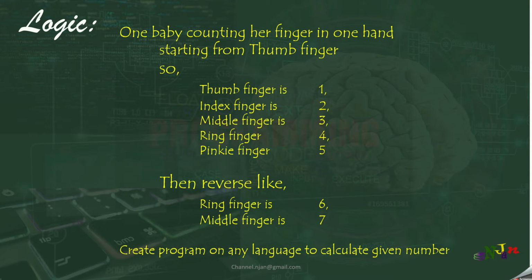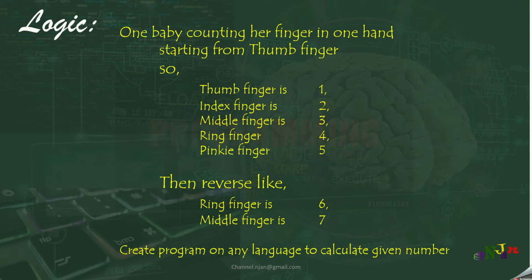One baby is counting on her fingers in one hand, starting from the thumb finger. So the thumb finger is 1, next the index finger is 2, middle finger is 3, ring finger 4, pinky finger 5. Then in reverse, 6 is the ring finger, then middle finger, index finger, thumb finger.